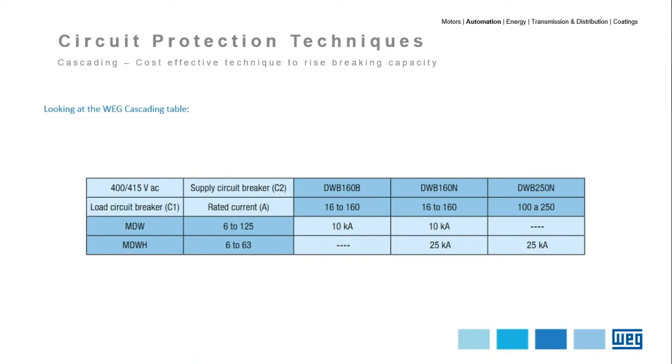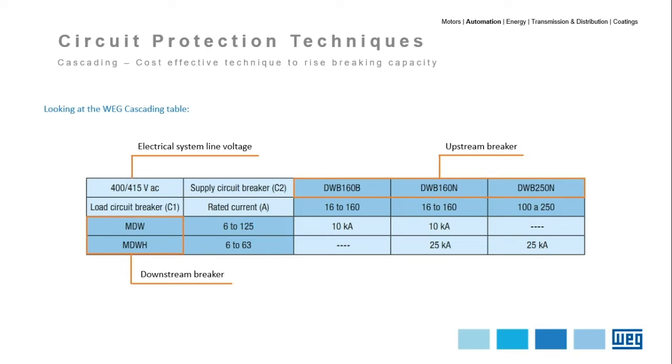So let's have a look at the WEG cascading table and check if we may find a solution. In the WEG MCCB plus MCB section, you will find the following table. On the top left corner, we have the system line voltage, in our case 400 volts.